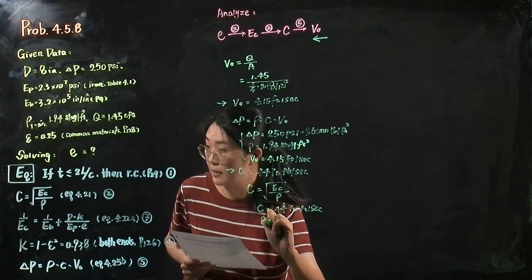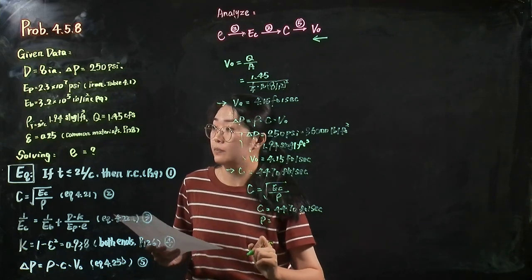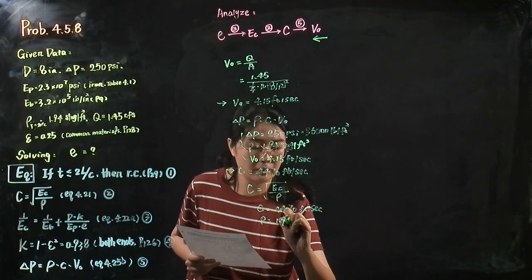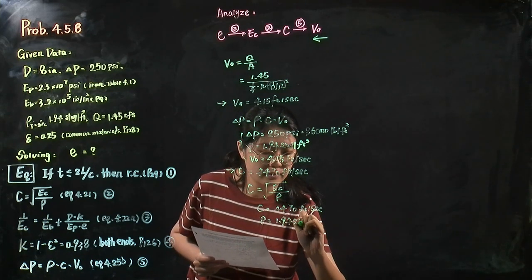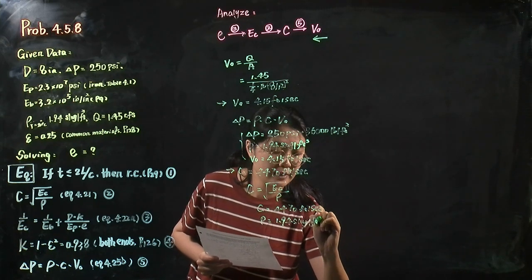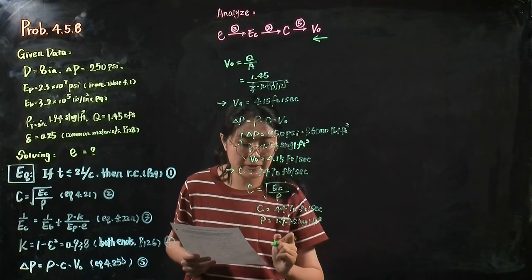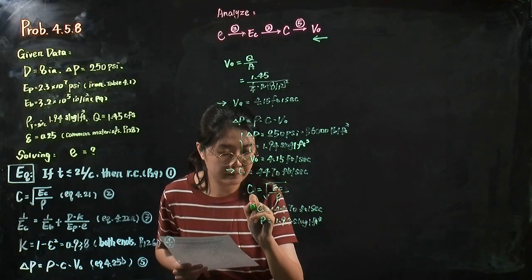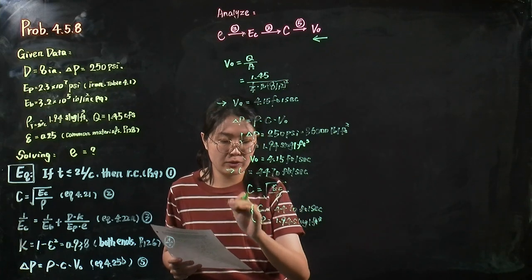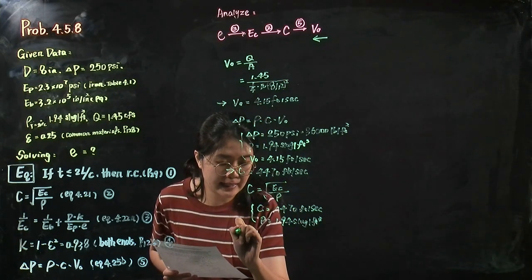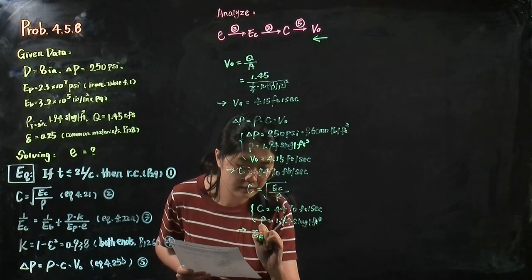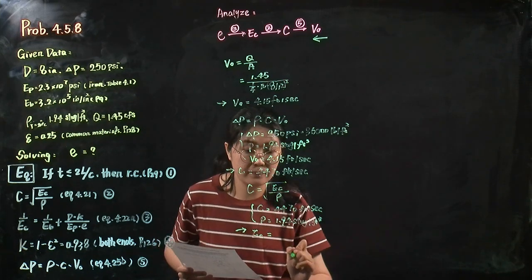The water density equals 1.94 slugs per cubic foot. If we bring the value back into this equation, we can get the composite elasticity of the system.